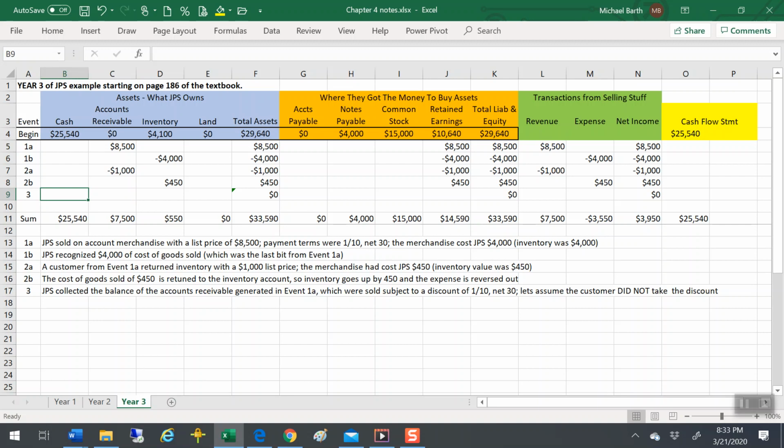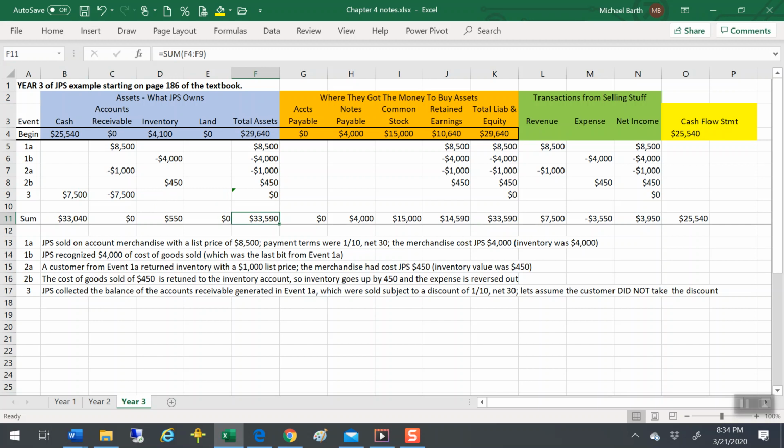All right, so cash goes up by $7,500. The accounts receivable goes down by $7,500. All we're doing is taking the money that was in accounts receivable and shifting it over into the cash account. So that's the only thing that happened there.